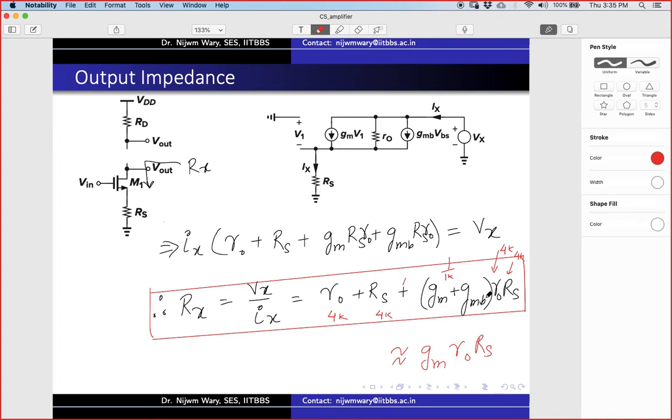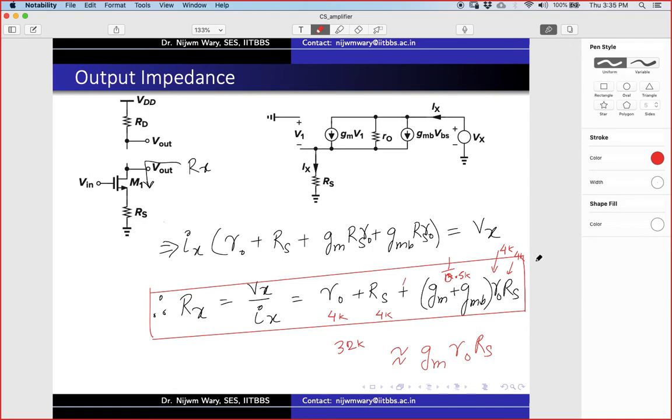So total we'll have 0.5K. So then 4K into 4K and by 0.5K, it's approximately 32K.